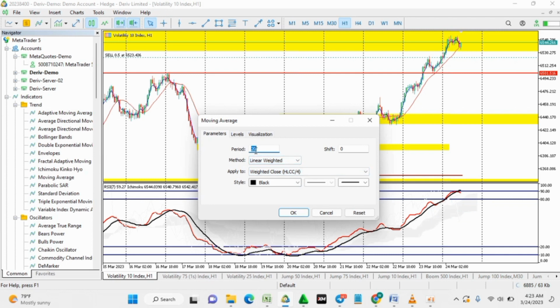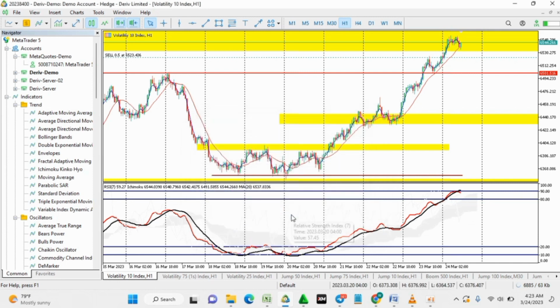It is 20 moving average, then linear weighted, then applied to weighted close, HLCC, stroke 4, then the color black, then you click on OK. So after getting the indicators, now we are going to be using them.